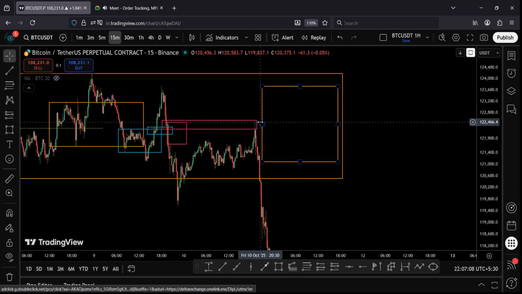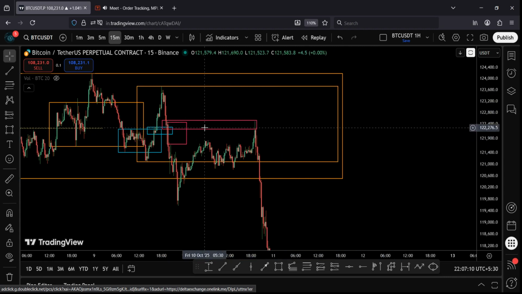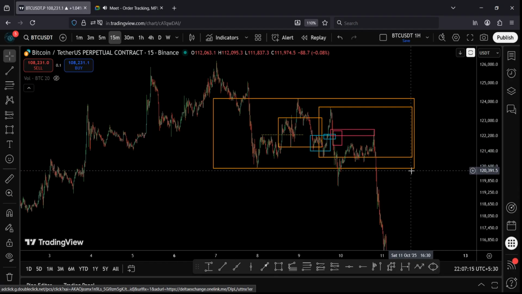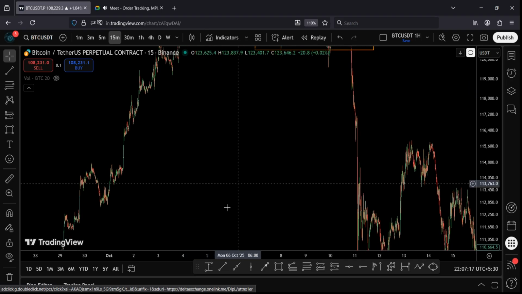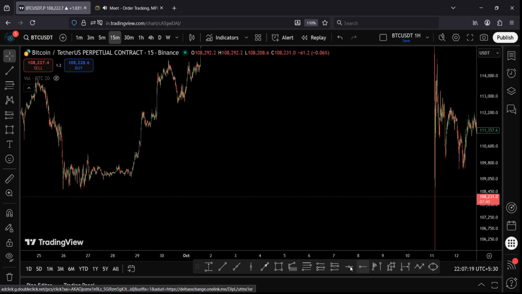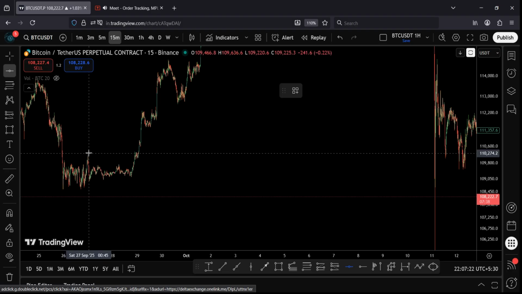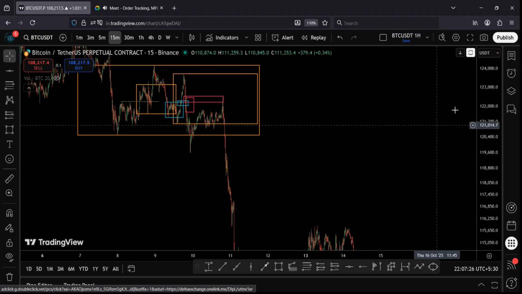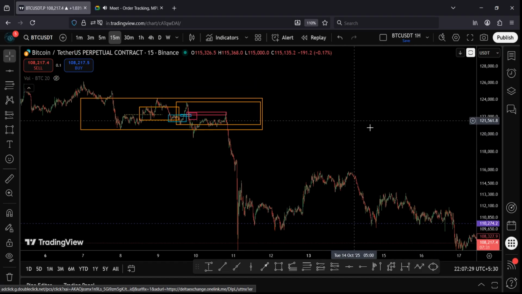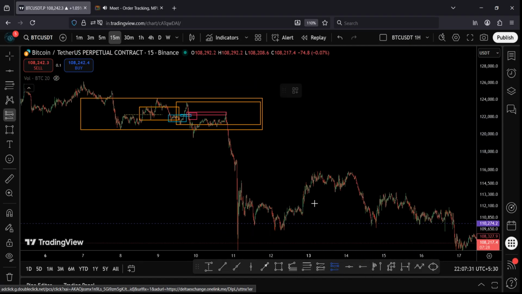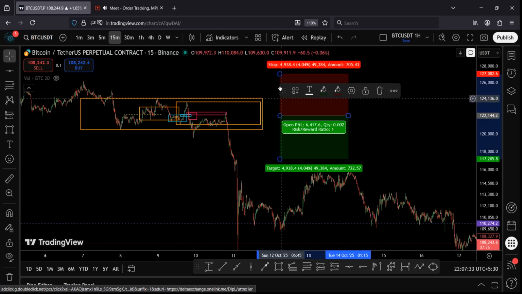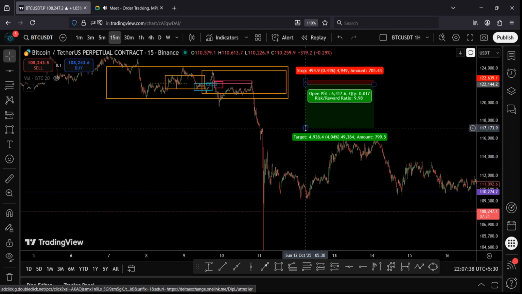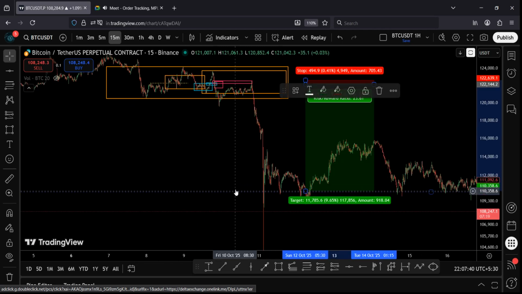Orders are in this zone, but this zone becomes much smaller for us, right? In this case, if we trade till here, here it will be our target, base is here. So if we trade from here to here, here will be our entry, here will be our stop, and target will be till here.